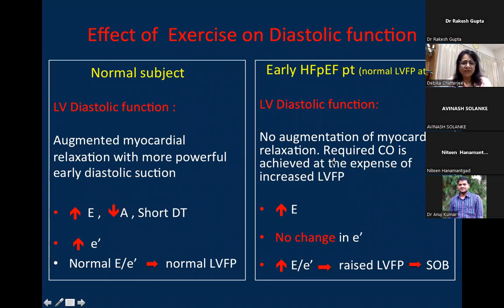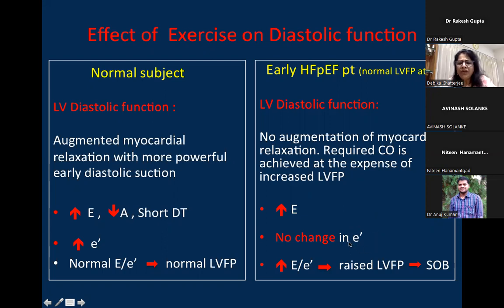On the other hand, in this particular group of patients who are in early HFpEF, having normal LV filling pressure at rest, as they do exercise, there is no augmentation of myocardial relaxation. So the required cardiac output is achieved at the expense of increased LV filling pressure. Though the E wave will rise, there will be no change in the E prime.